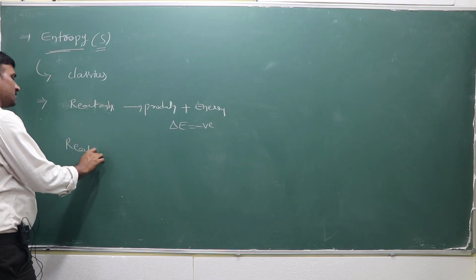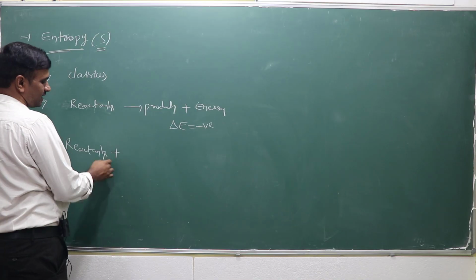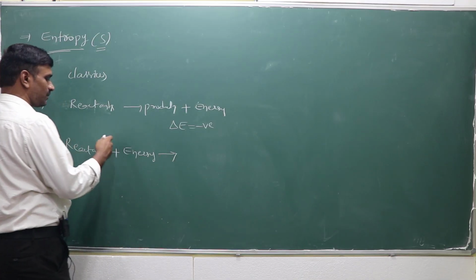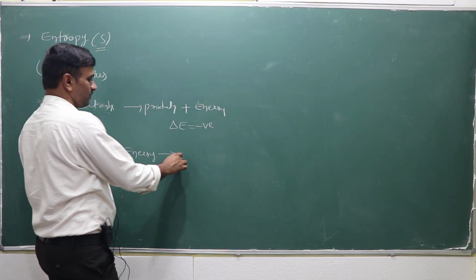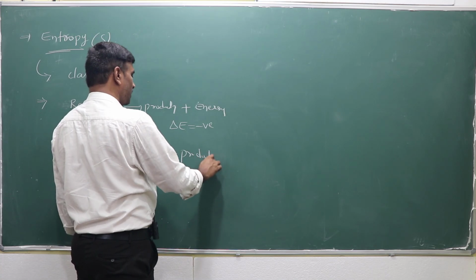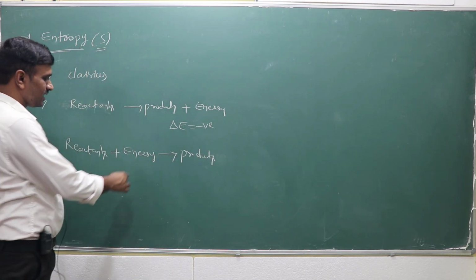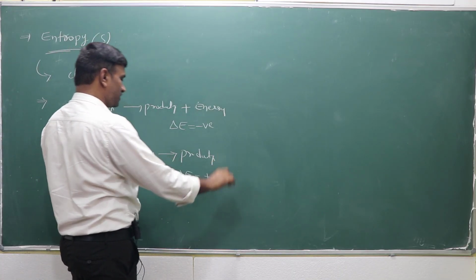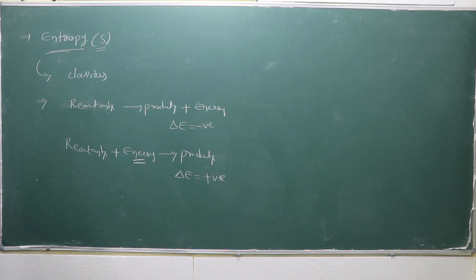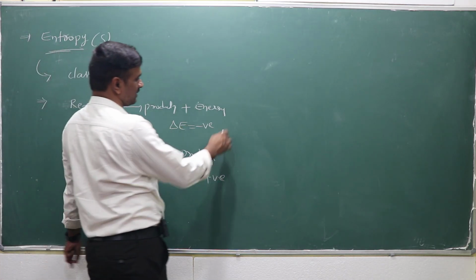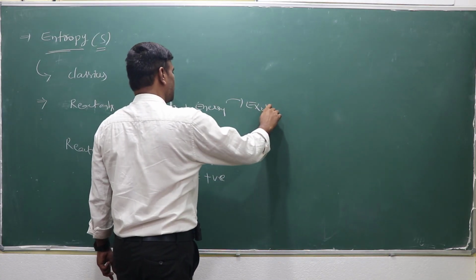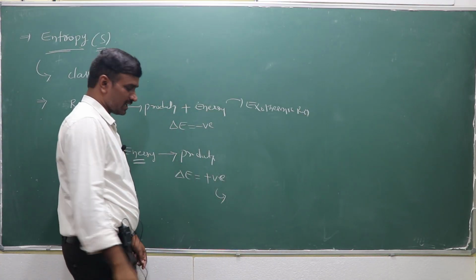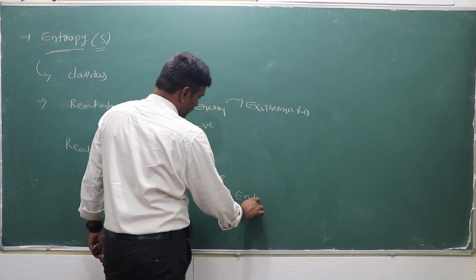And in some of the reactions, while receiving some energy, that means we can supply some energy, then the reaction takes place, that means product formation takes place. So in this reaction energy is supplied, so delta is equal to positive. When energy is released, these types of reactions are considered exothermic reactions, and when energy absorption takes place, these reactions are called endothermic reactions.